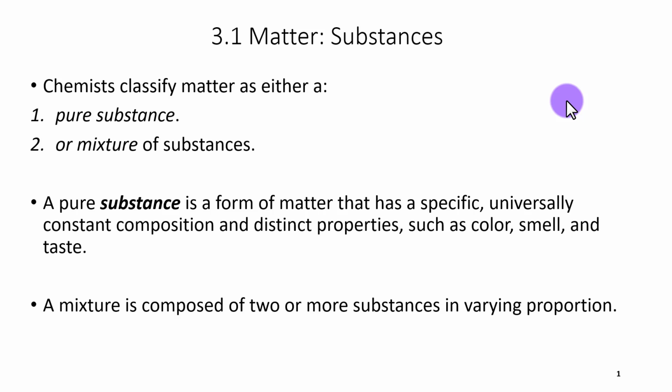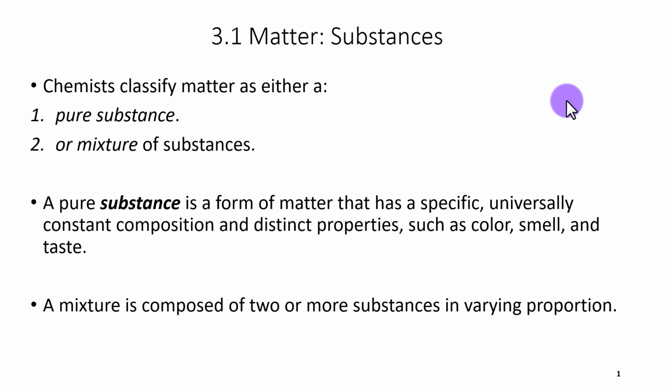A mixture, on the other hand, is made up of 2 or more pure substances put together. And I can also change the composition of the mixture by varying the proportions of the substances that I have mixed together.